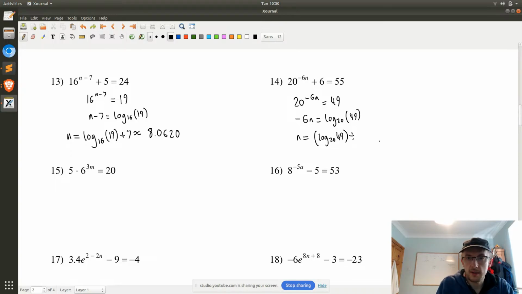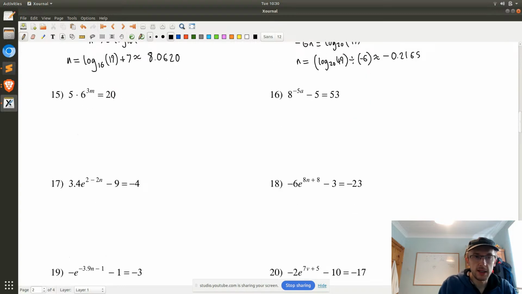Negative 6. That's what it should be. So log base 20 of 49, divided by negative 6, gives negative 0.2165. There.